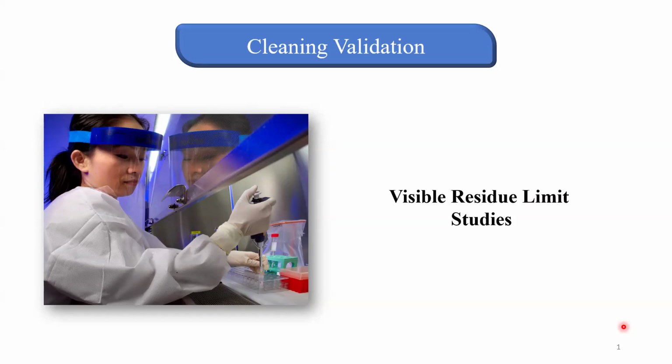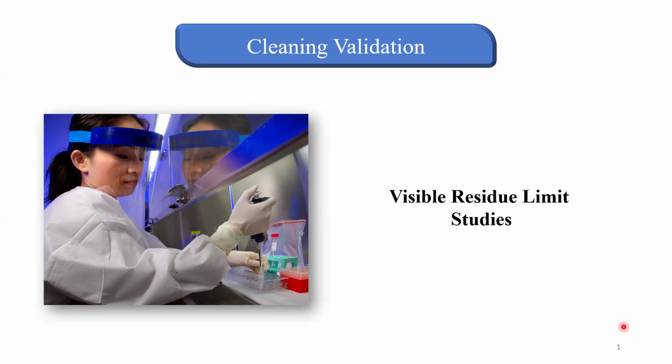Before we move into calculations and analytical testing, let us first understand an important basic concept in cleaning validation, which is known as visible residue limits or VRL studies. In pharmaceutical manufacturing, after cleaning any equipment, the first check we perform is visual inspection.